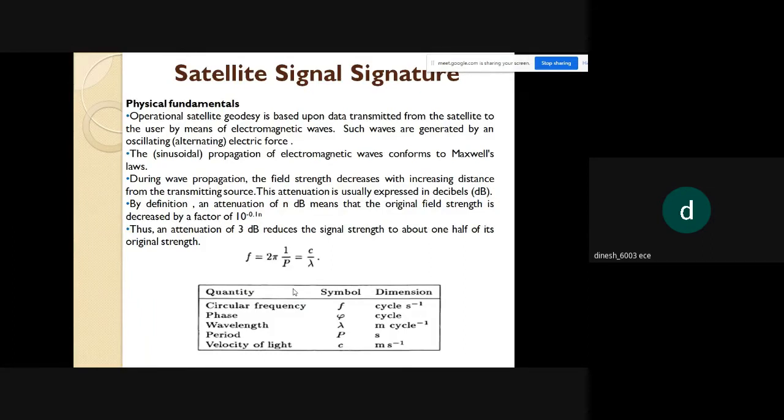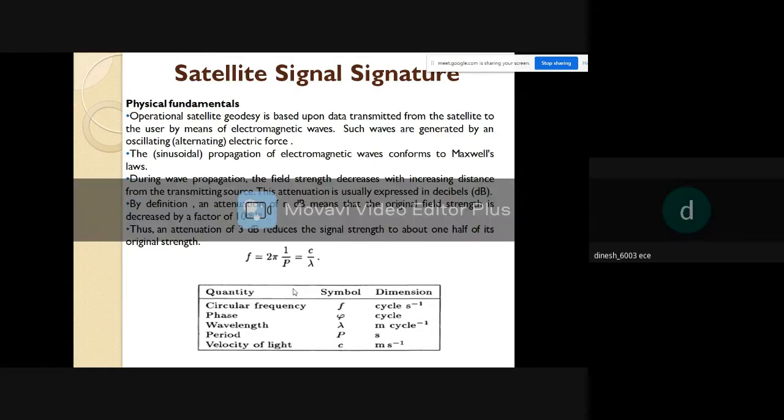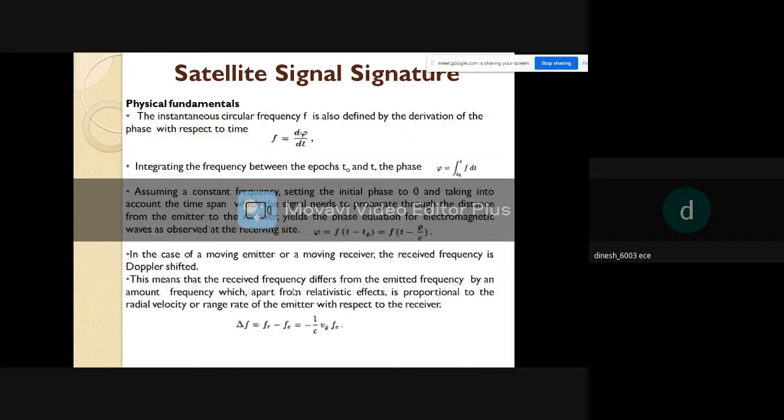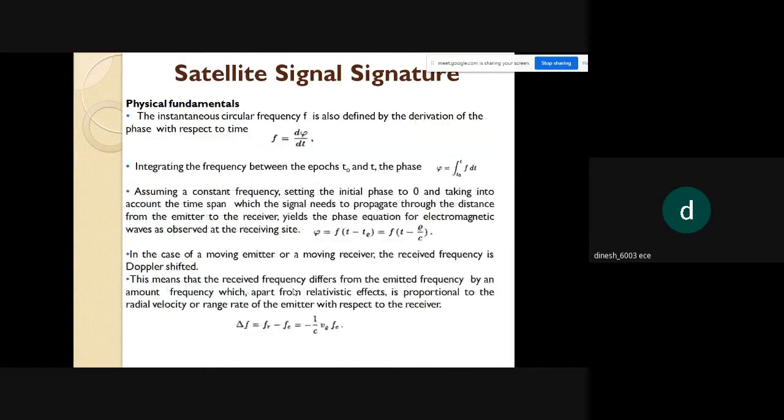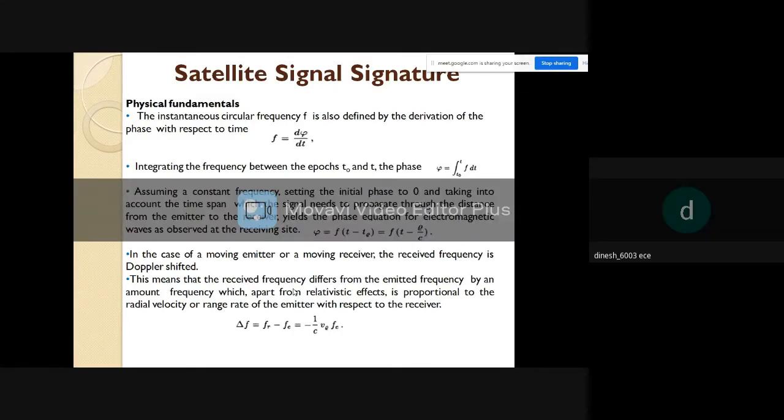We have a symbol notation called phi, which is used to measure the phase of the signal. This phase of the signal can be found out by the derivation of the phase with respect to time, which is f = dφ/dt.